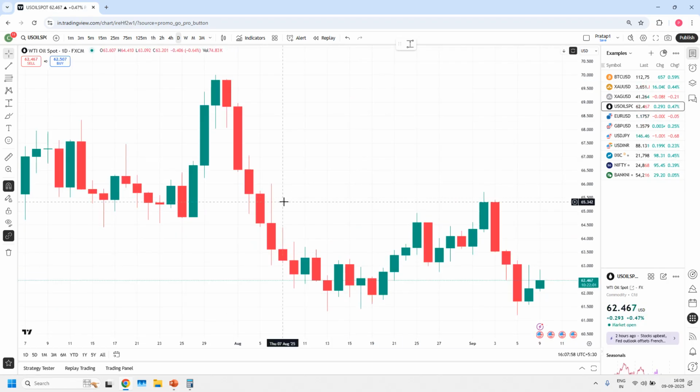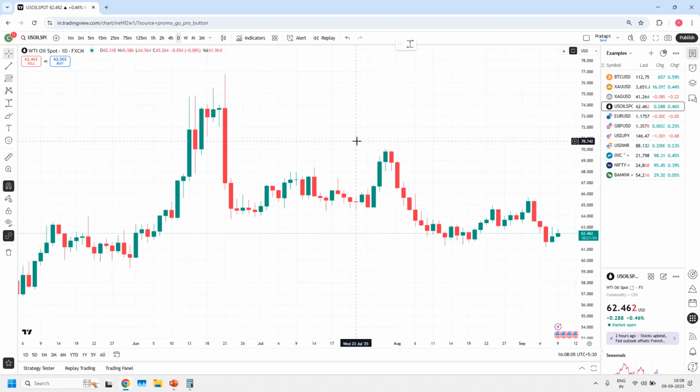And look into the crude oil. This is the crude oil chart. See here, you have a rally, 3 base candles and a rally candle.